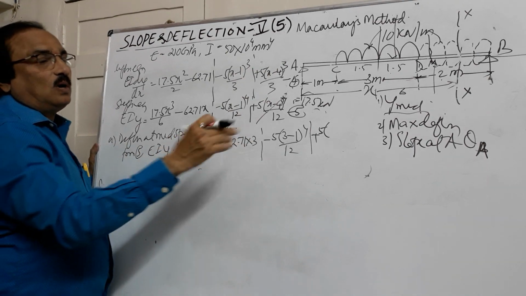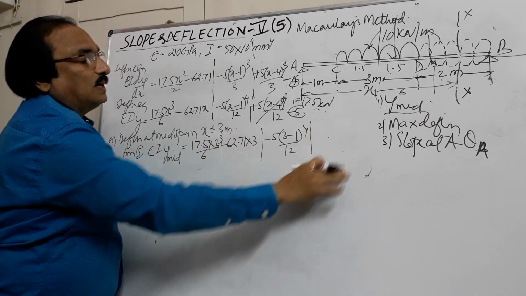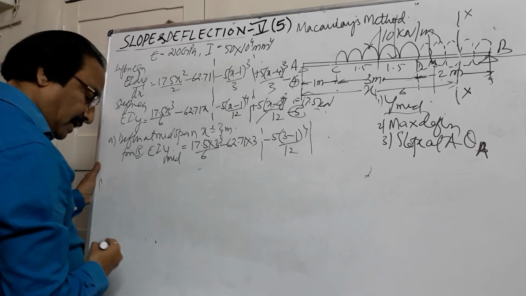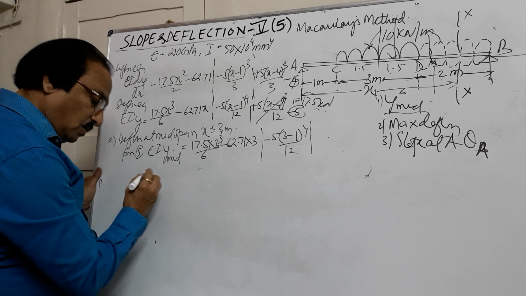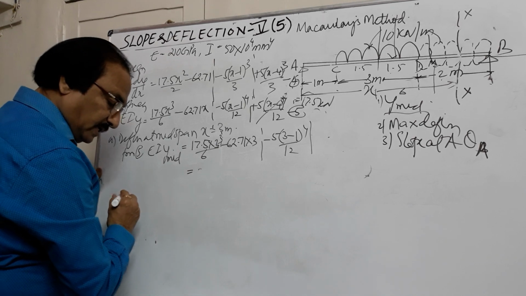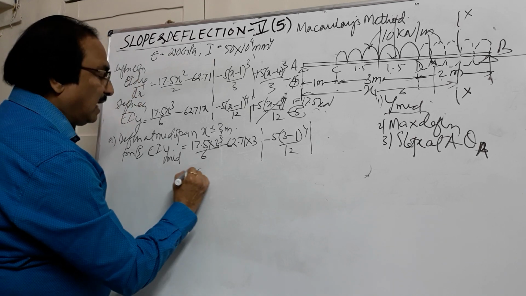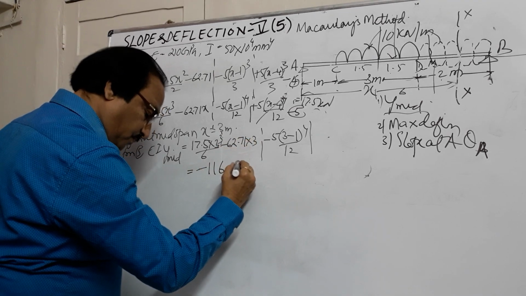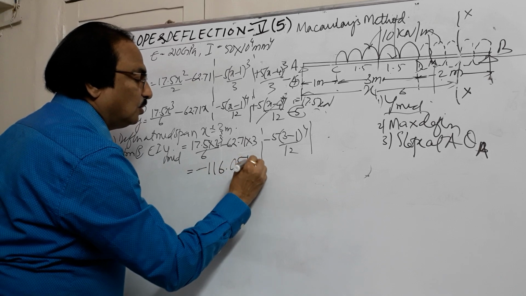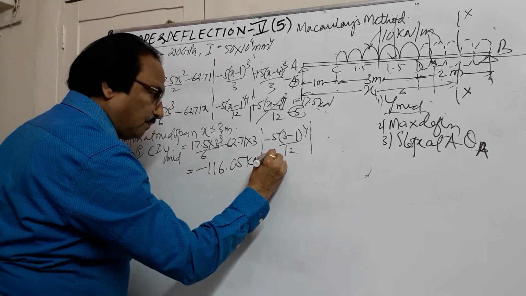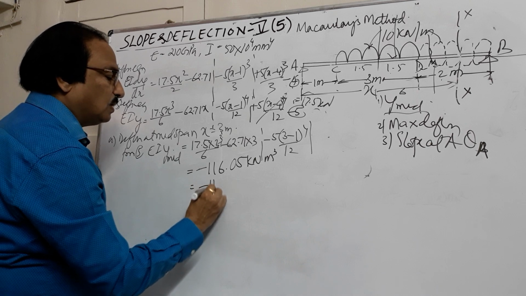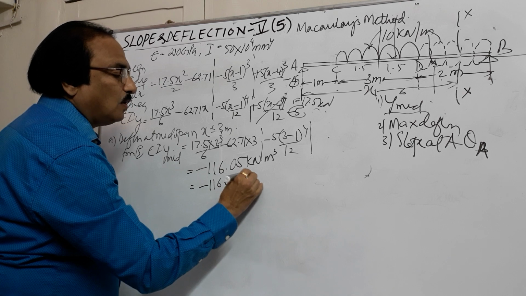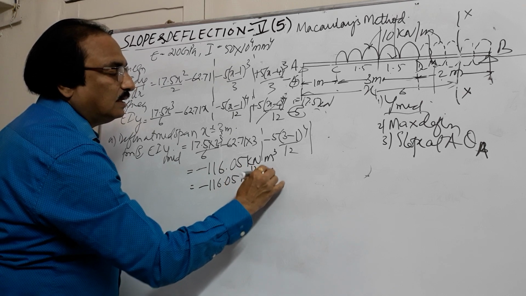Negative and 0 values, we leave those parts. So we are left with this. Let us substitute the values of E and I here. When you simplify, this will be equal to minus 116.05 kilonewton meter cube, which is minus 116.05 into 10 to the power of 12 Newton mm cube.